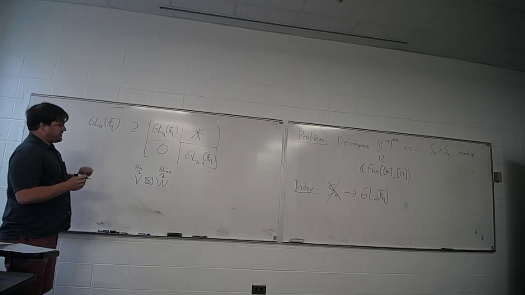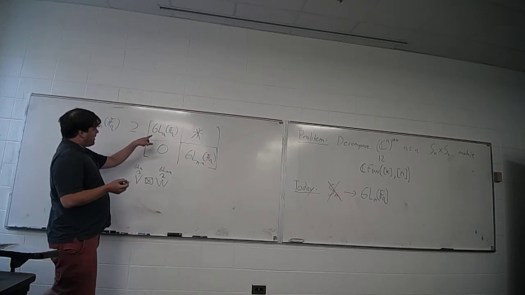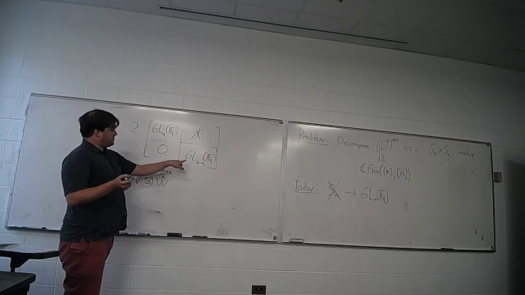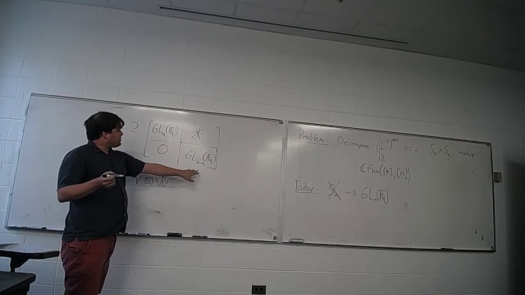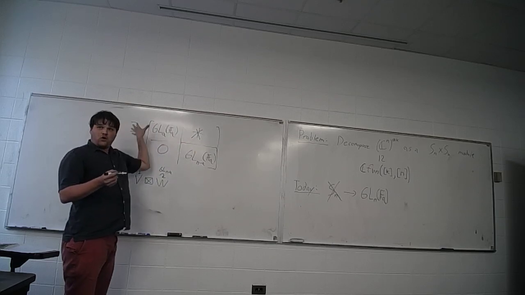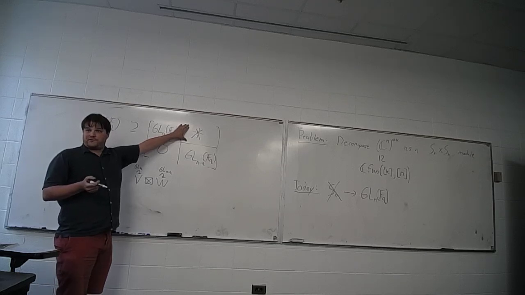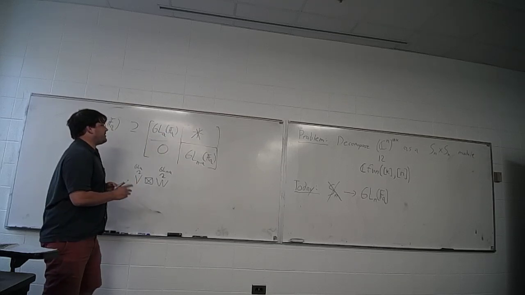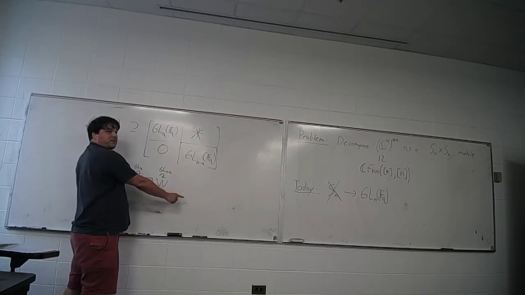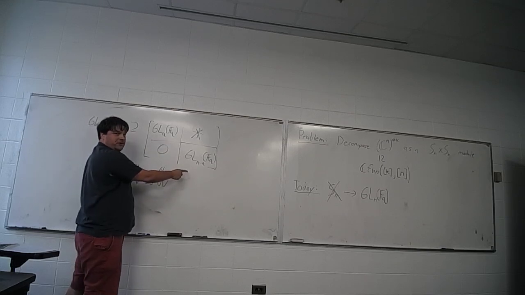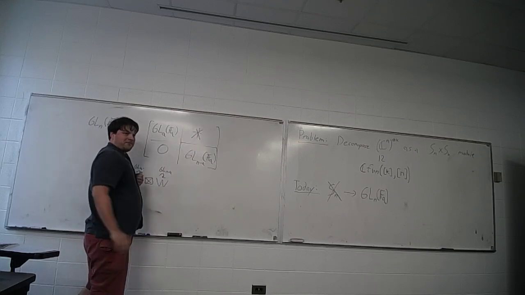So we take this representation of GLA cross GL n minus A, and we can inflate it to the whole parabolic group by letting the stuff up here act trivially. If you like, we have a homomorphism from this group to the product of these 2 groups, where you just ignore what's up there.